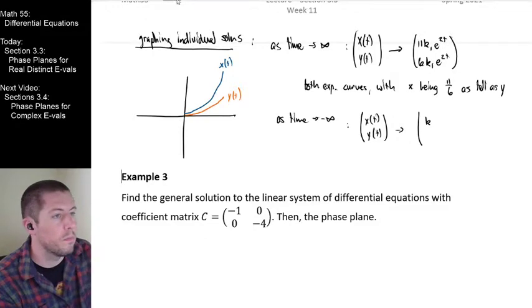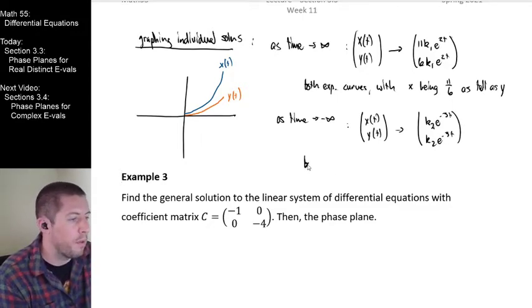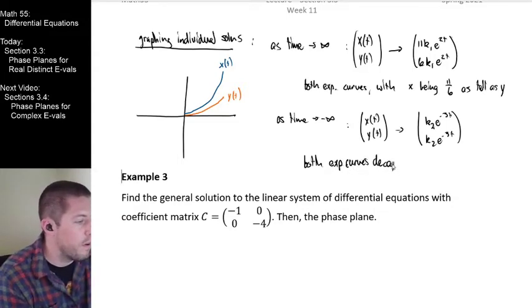K2 e to the negative 3t and k2 e to the negative 3t. These are both exponential curves decaying to 0. And they should be the same.